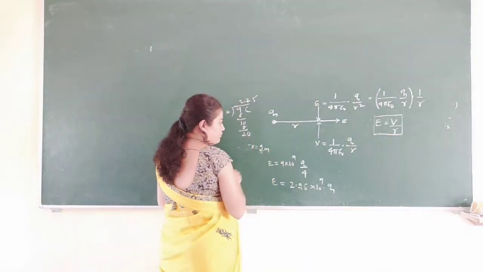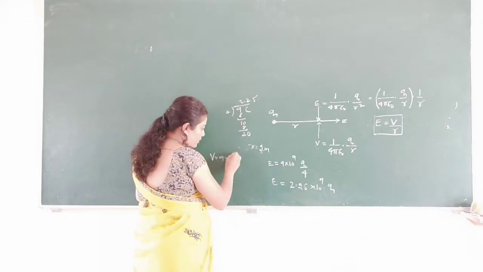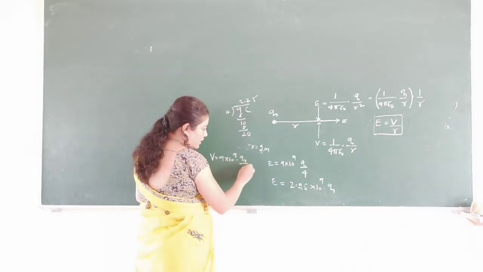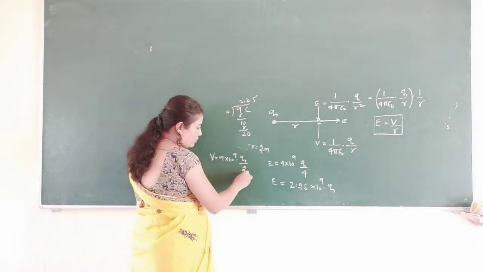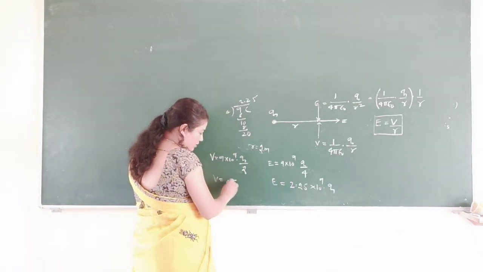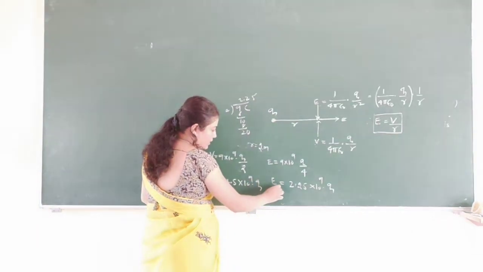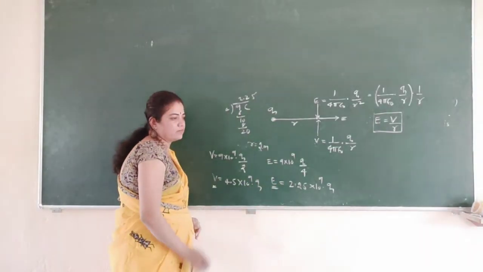Now let us find V at that distance. So V equals 9 into 10 to the power 9 Q divided by R. R is 2. So 9 divided by 2 is 4.5. 4.5 into 10 to the power 9 Q. Now tell me, is E greater or V greater?